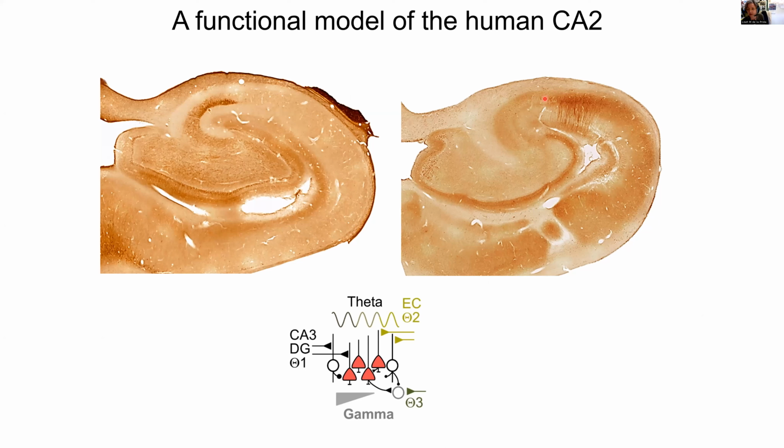This proximal CA2 is innervated by the dentate gyrus, and the distal receives more strongly input from the entorhinal cortex. This is something also that we are trying to confirm in collaboration with Ricardo, and I think he will probably show part of this data.